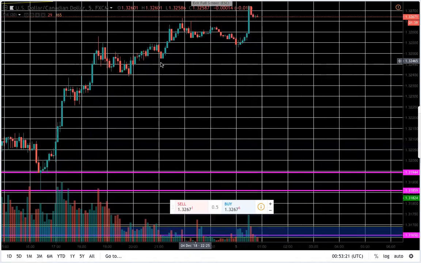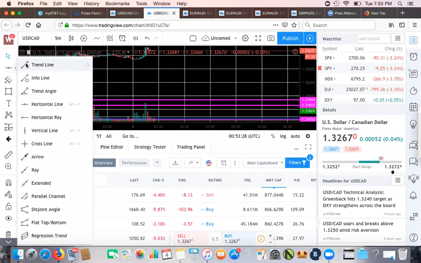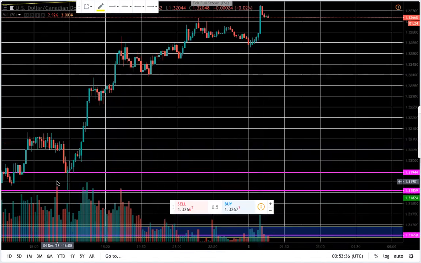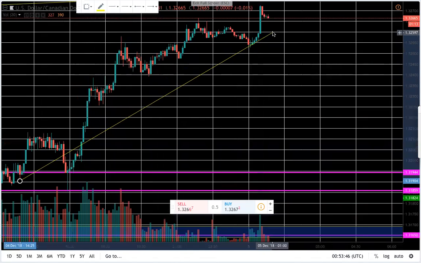But then you see there's an uptrend on the 5 minute. Let me do a trend line. I'll show you how to do a trend line. So this would be a trend line, because price is going up in an upward trend.